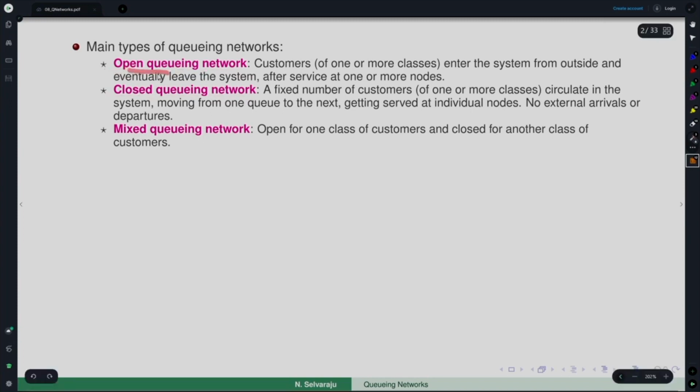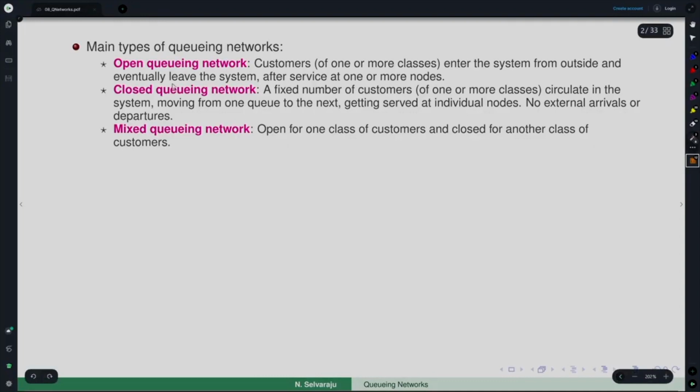So, what do we mean when we say open queuing network? Here, what situation is there? Customers of one or more classes enter the system from outside, may not be from the same node, they may enter from different nodes, and they pass through different stages or different nodes as per the requirement, as per the design, and eventually they leave the system after service at one or more nodes.